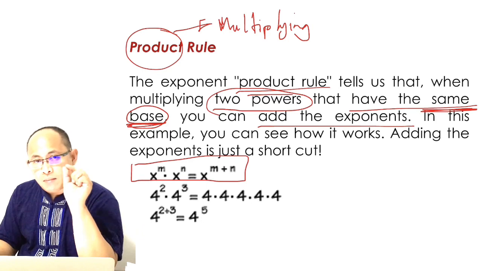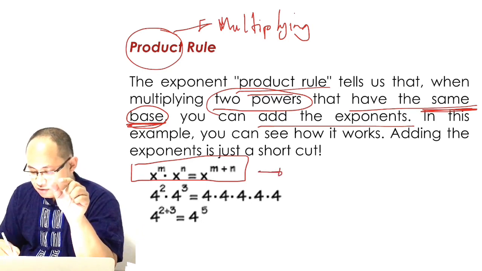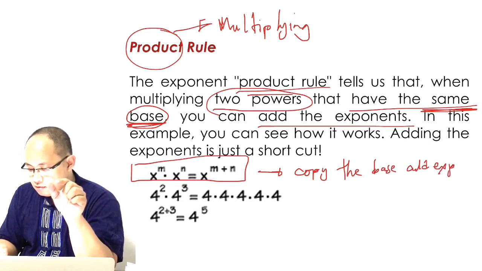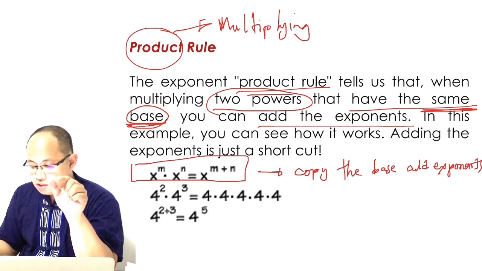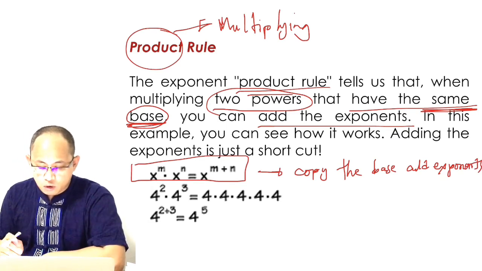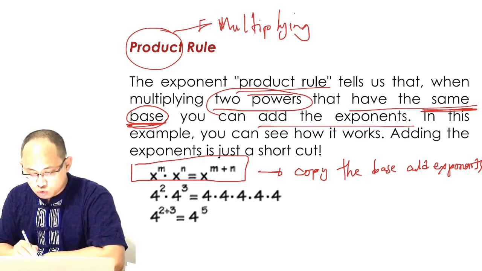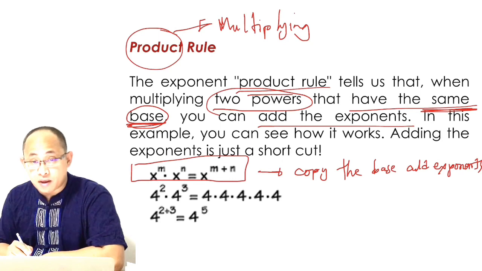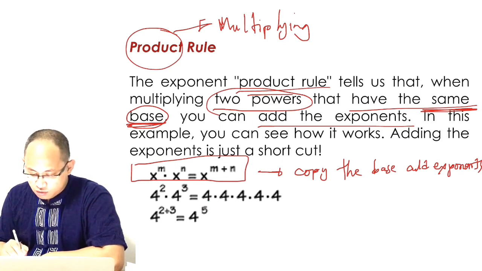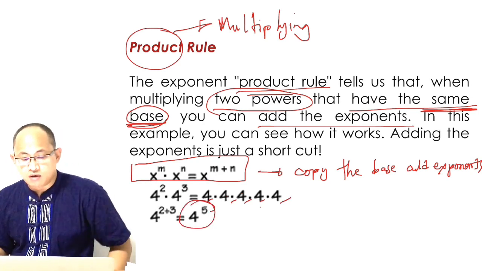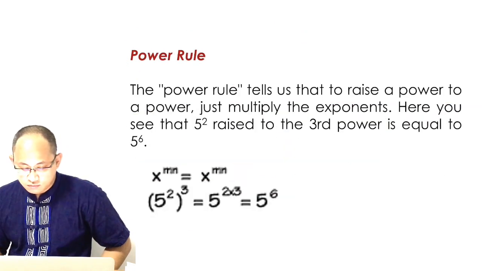The result will be: copy the base, add the exponents. So 4 to the power of 2 times 4 to the power of 3: copy 4, add exponents. 2 plus 3 is 5. So that's why you multiply 4 five times: 1, 2, 3, 1, 2, 3, 4, and 5. So the answer is 4 to the power of 5. That is the product rule.